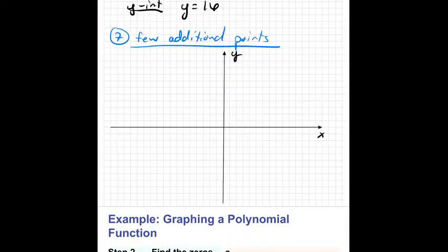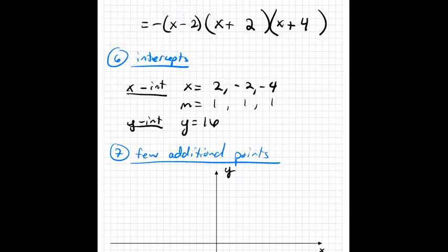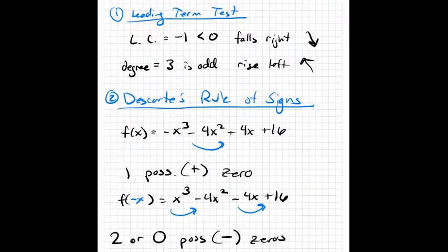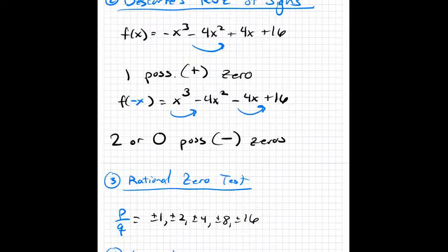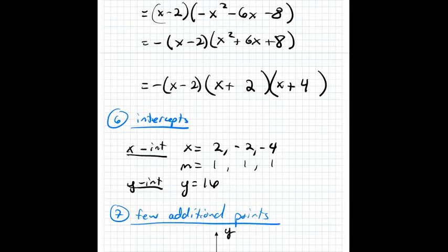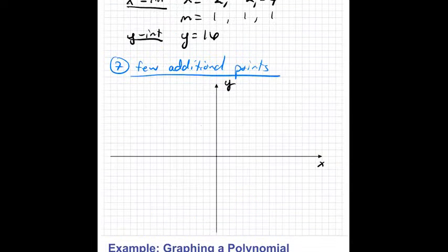Let's go back. The first thing that we found was that it falls to the right and rises to the left, right? So we're anticipating it to fall to the right, going down in this direction, and rise to the left, up in this direction.